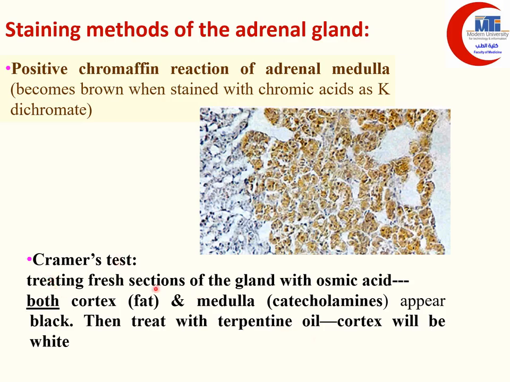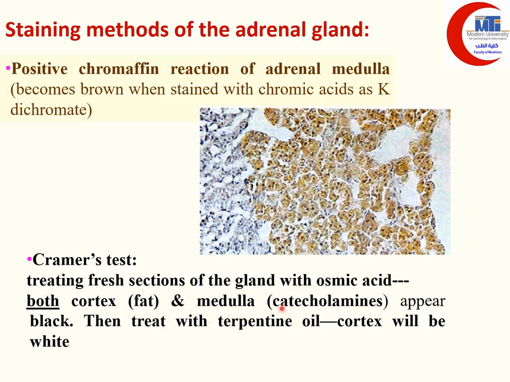When treating the section of the gland first with osmic acid, as you studied before, osmic acid stains the tissue black when there is fat or catecholamine in the tissue. The cortex contains fat, as all cells of the cortex secrete steroid hormones, and the medulla contains catecholamines, adrenaline and noradrenaline.